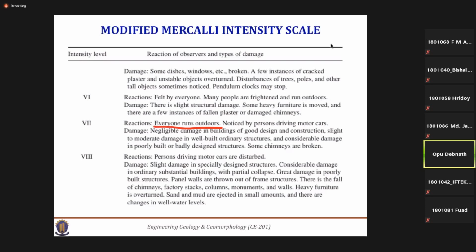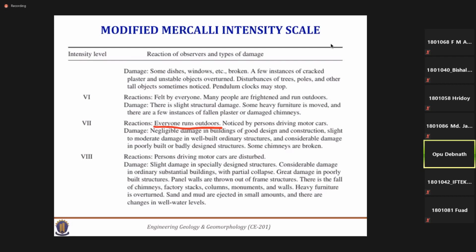The related damages are negligible damage in buildings with good design and construction, slightly moderate damage in well-built ordinary structures, and considerable damage in poorly built or badly designed structures. Some chimneys are broken. This is intensity level 7.